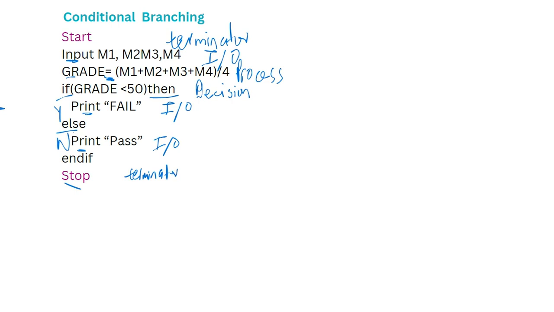Right? So now let's try to draw the flowchart. All right, so we start with our oval, which represents a terminator. Next line is our input output, so we have our flow lines. We're going to input M1, M2, M3, M4, with commas between them.